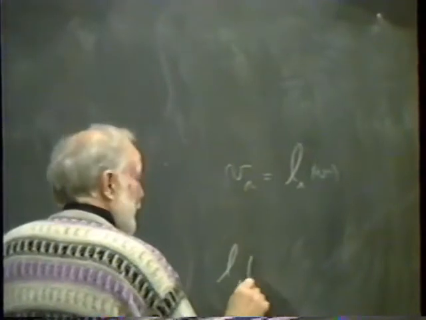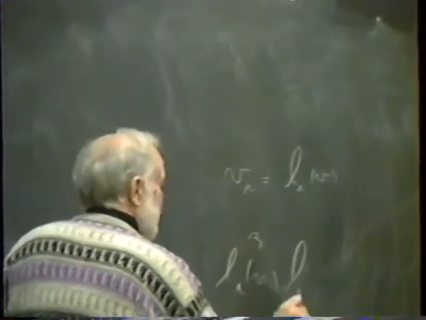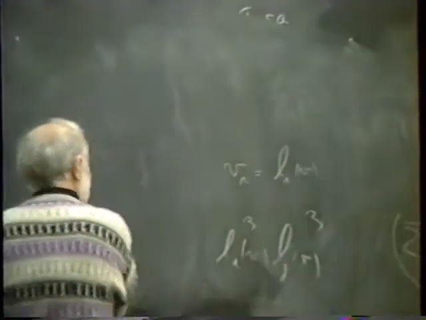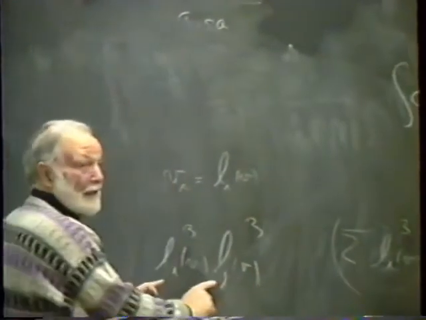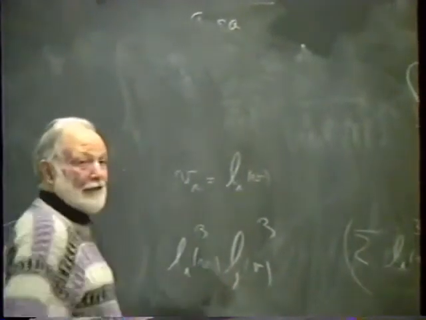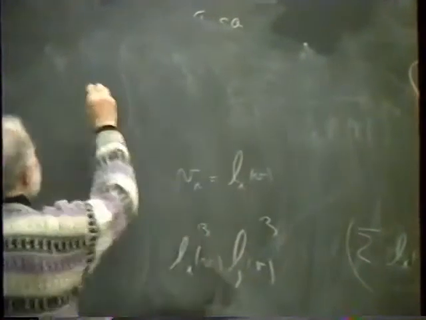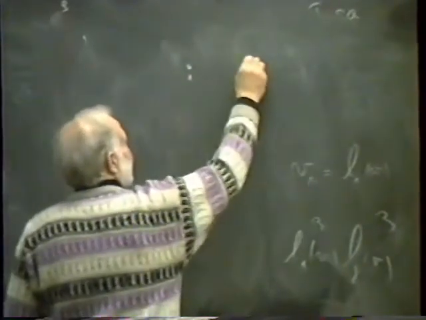So a typical term in here will be an L_i of v cubed times an L_j of v cubed, and then some summation out here. And what does this rule tell you? It says I combine these and take T inverse. So Feynman says, well, here's i and j.